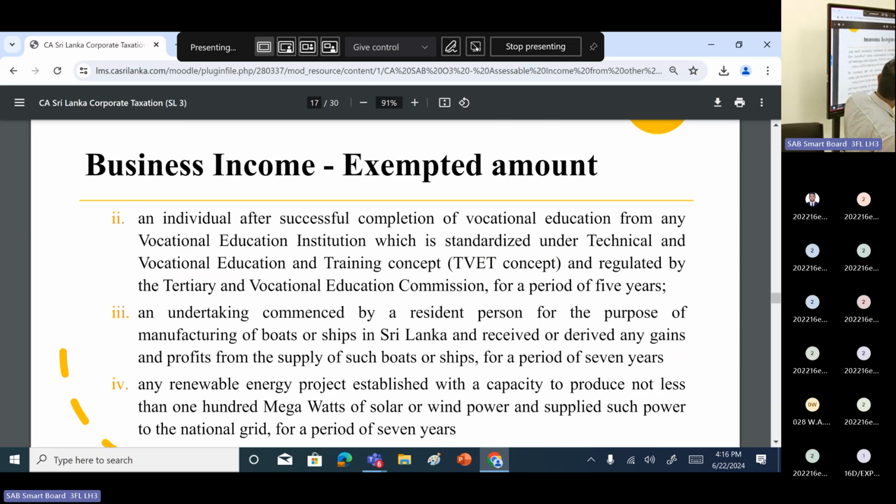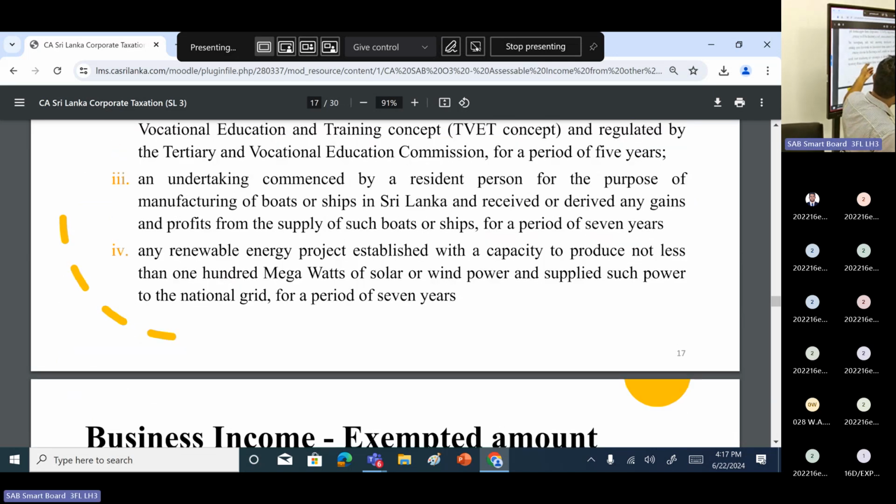Any undertaking commenced by a resident person for the purpose of manufacturing in Sri Lanka, and receiving or deriving any gains and profit from the supply of such products. Renewable energy project, 100 megawatts.